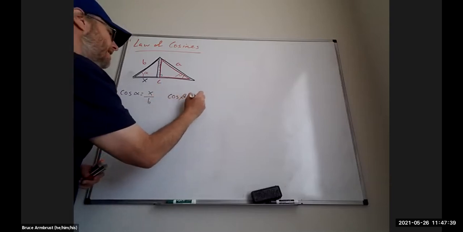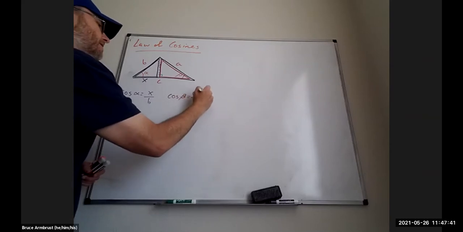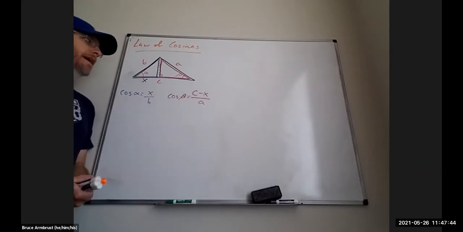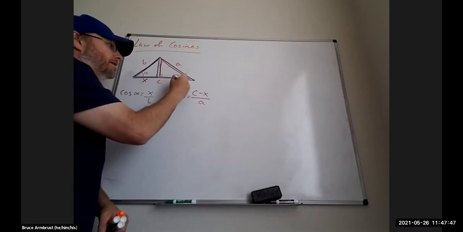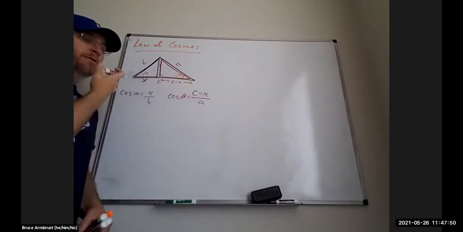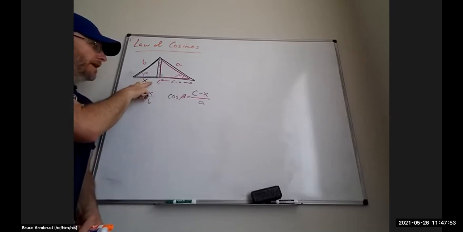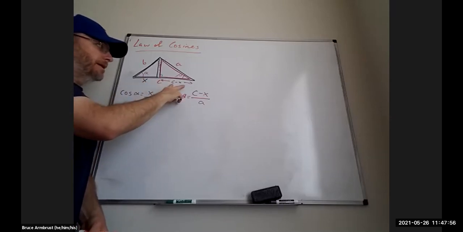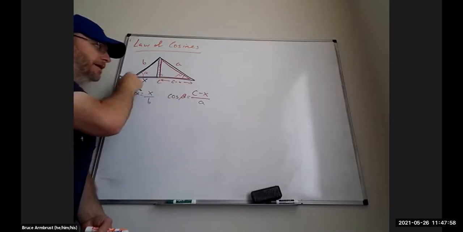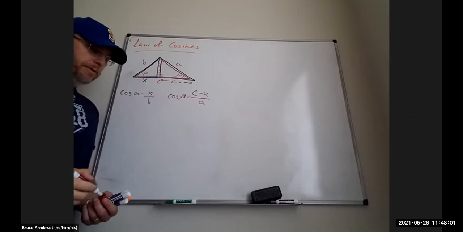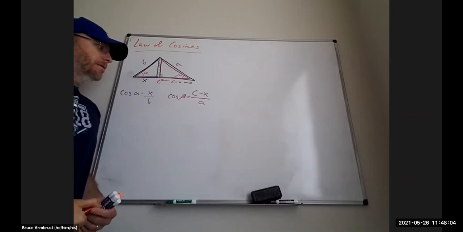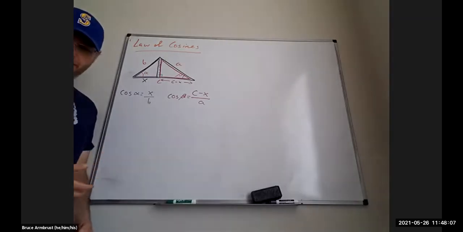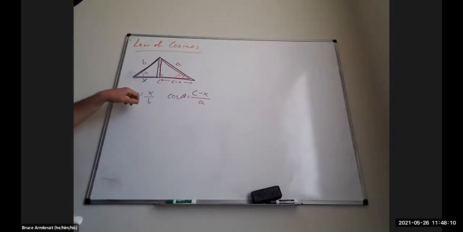But what I can do is I can actually call it C minus X. So this length right here is C minus X. And hopefully you can see why that would be. If this purple length is X, this remaining piece is going to be C minus X. It's going to be the bottom taking away my purple length. So this is the relationship between the alpha and the beta and their cosines, right? So again, it's the good old adjacent over hypotenuse.